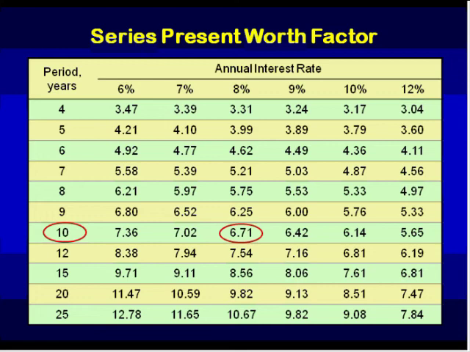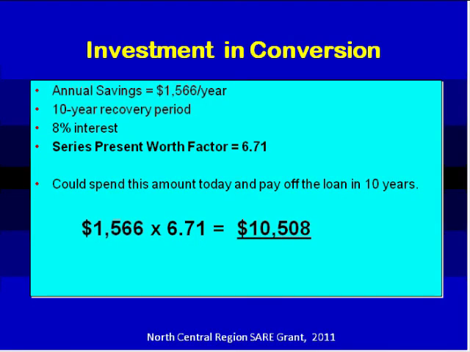And if we go for a 10-year period at the same 8% interest that we were dealing with earlier, our multiplier or our series present worth factor is 6.71. So if we take our $1,566 and multiply it by 6.71, you can see that we're going to be able to potentially invest $10,508 today and pay it off with a series of $1,566 per year payments over a 10-year period.